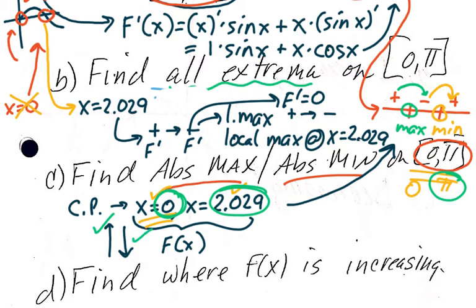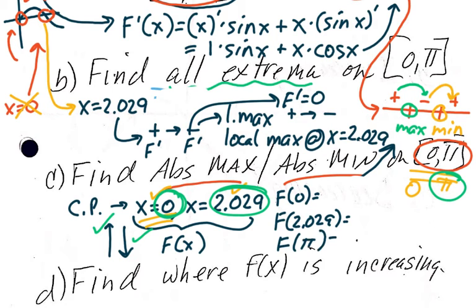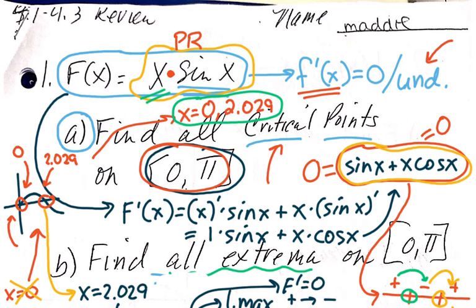And our lowest value would be our absolute min. So again, our game plan here is to take our critical values, and we're basically going to say capital F, the original, at 0 is, capital F at 2.029 is, and capital F of pi. So for absolute max and absolute min, you have to plug in your endpoints also. And we always plug them back into the original function up here.